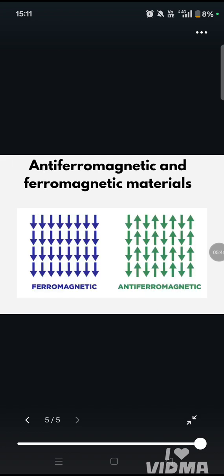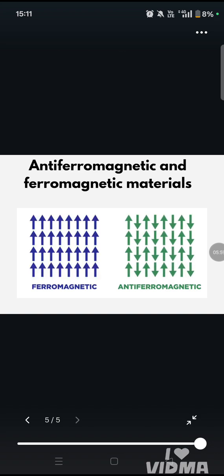Next we have antiferromagnetic materials. In these materials, atomic magnetic moments align in opposite directions, unlike ferromagnetic materials, with one key difference. Here, the magnitudes of the magnetic moments are equal and they cancel each other completely, so the net magnetic moment becomes zero.